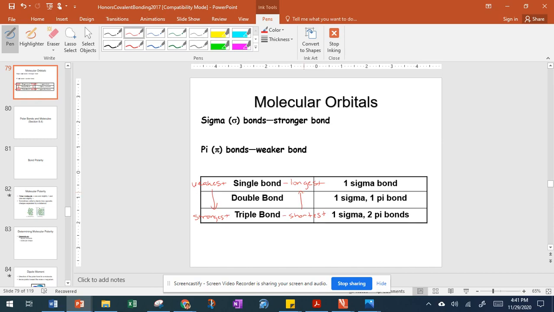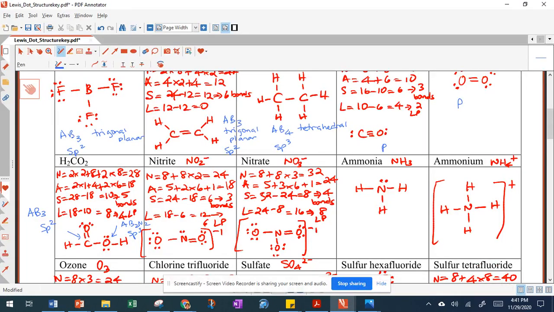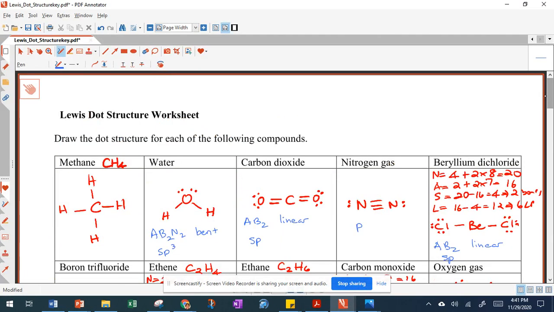Okay, so what we're going to do now is just practice this again with that sheet we were working on the other day. So when you have just single bonds in your molecule, it's only going to have sigma bonds. So this will have 4 sigma bonds. Here we just have 2 sigma bonds.